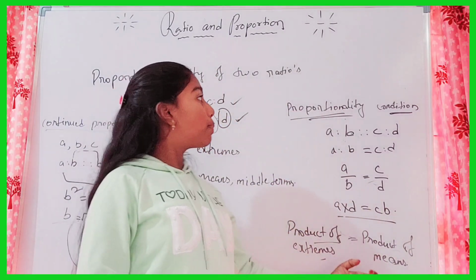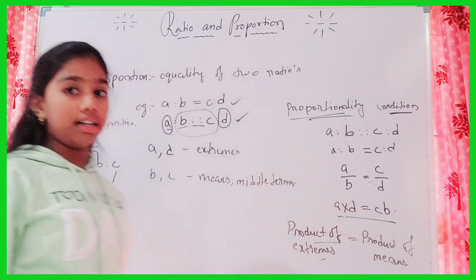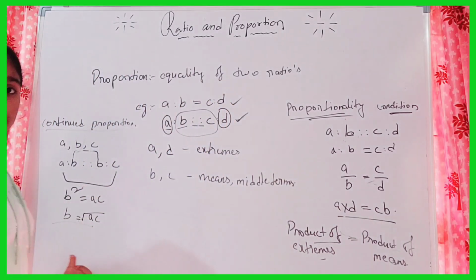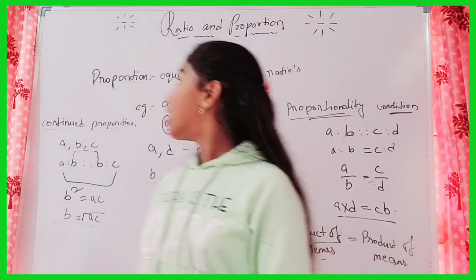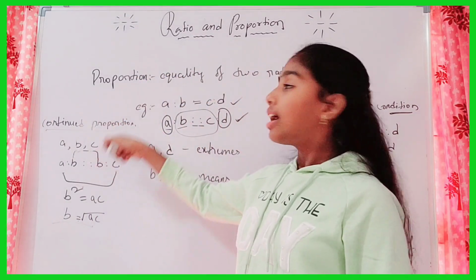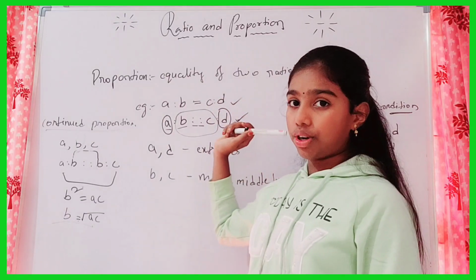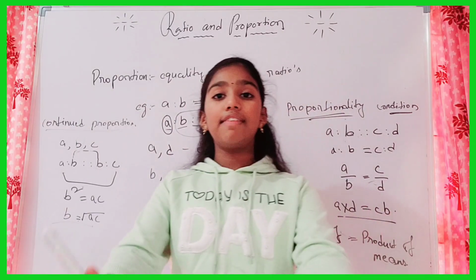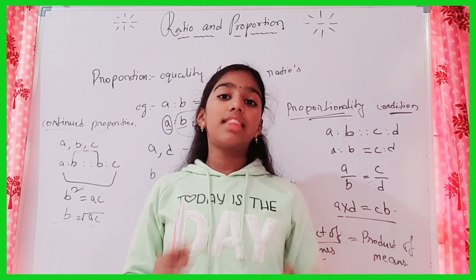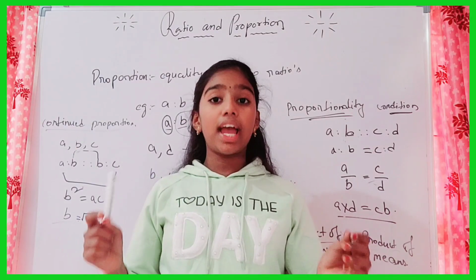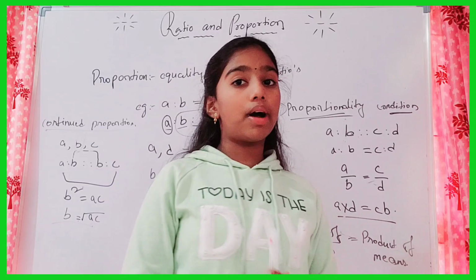This is the proportionality condition, and here is continued proportion. Let's revise. Proportion is the equality of two ratios. When we take any two ratios and keep an equals sign between them, we say they are in proportion.